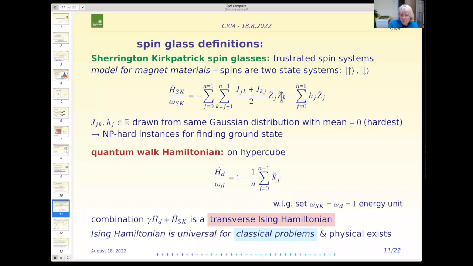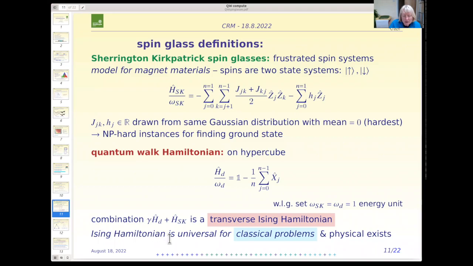Now, these Ising Hamiltonians, if you turn that into a matrix, it will be diagonal because the Z operators are all diagonal. And so what you'll have down the diagonal of that matrix will be the eigenvalues in some order, depending on what order you've labeled your spins.